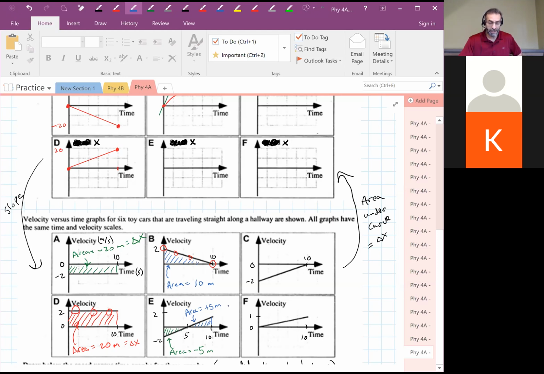So the change in position has to be 0 over the whole 10-second time period. So we know it started at 0. We know at 10 seconds, it's 0. And we know at 5 seconds, it's at -5. Where's 5 seconds? Right about there.